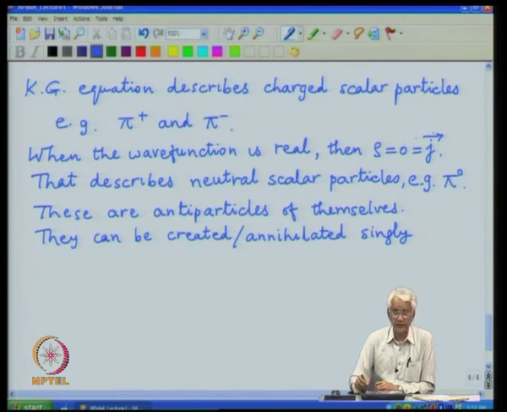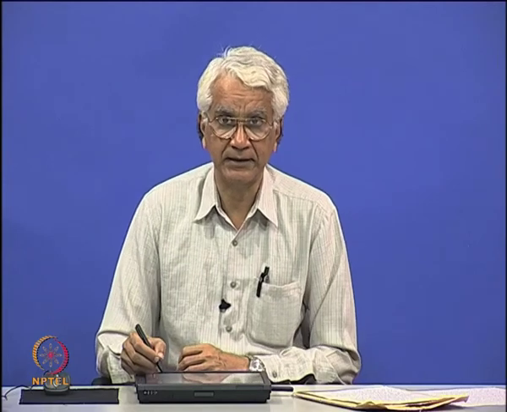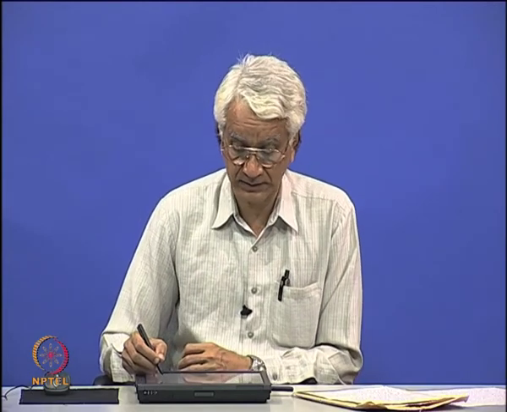The same for proton and antiproton, and the same for neutron and antineutron. Neutrons do not have electromagnetic charge, but they can be assigned another charge which is a baryon number, and that will again be opposite sign between neutron and antineutron. On the other hand, neutral particles like pi 0, there is no problem in creating or annihilating them singly. The charge in the process is conserved and no physical principle is violated.